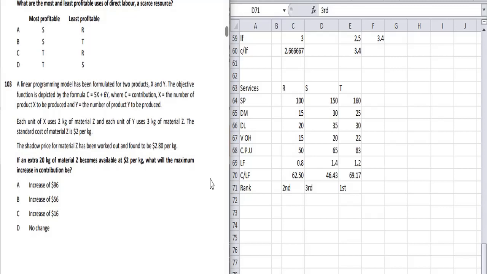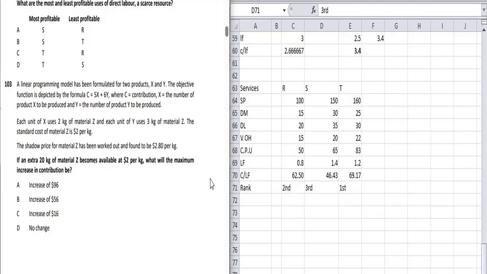The question is, linear programming model has been formulated for two products x and y, and objective function is depicted by the formula c equal to 5x plus 6y, where c is the contribution, x is the number of product x to be produced, and y is the number of y to be produced. Each unit of x uses 2 kg of material Z, and each unit of the y uses 3 kg of material Z. The standard cost of material Z is 2 per kg, and shadow price for the material Z has been worked out and found to be 2.80 per kg.